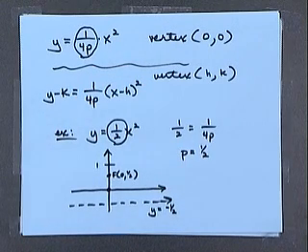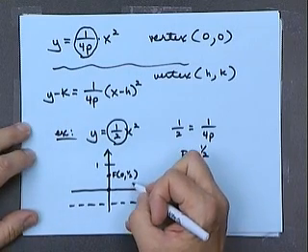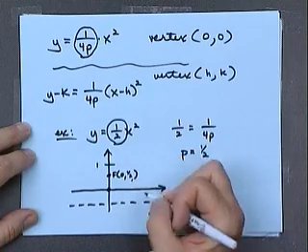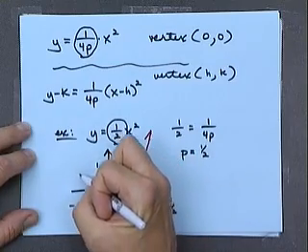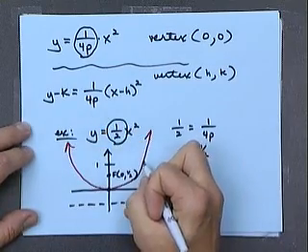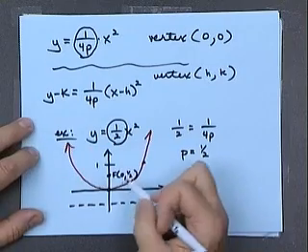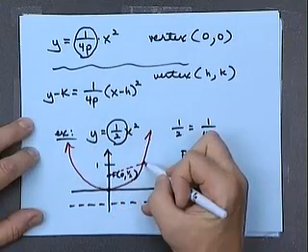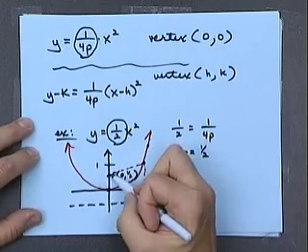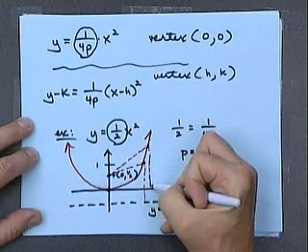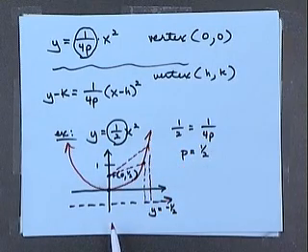And I'll try to sketch it by making every point on the parabola equidistant from the focus and directrix. So if this is a point on the parabola, this distance would be exactly equal to that distance. I don't know if my diagram illustrates that very well, but if it were a very accurate diagram, that would be true.